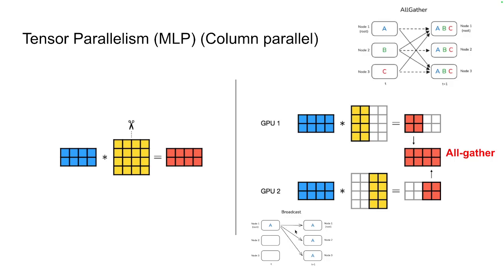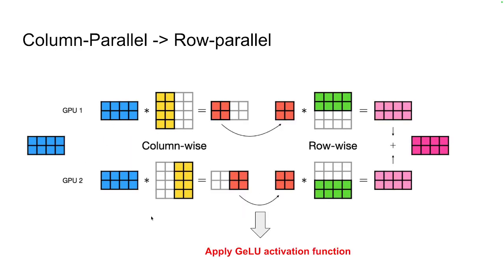In column parallel you first need to broadcast the input matrix to both the GPUs. So you broadcast the input matrix, and then you break the weight matrix, the yellow matrix, into two columns. This is the first part and this is the second part, and then you do matrix multiplications individually on both the GPUs.